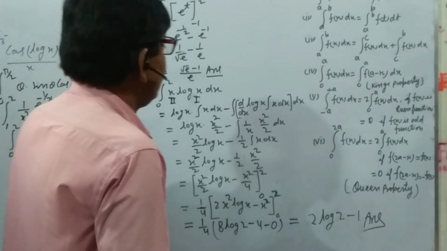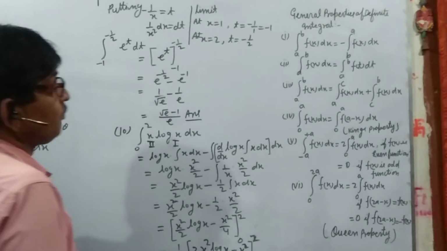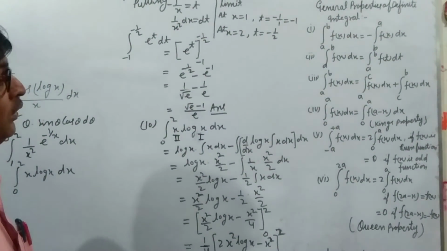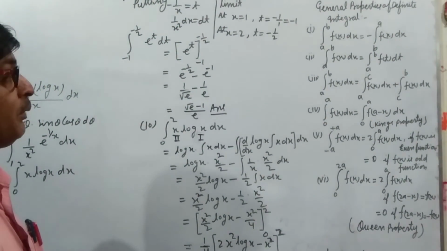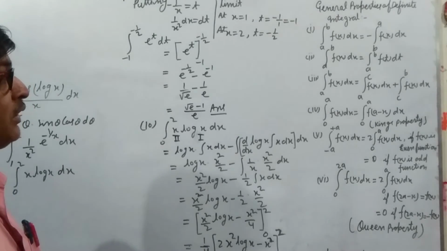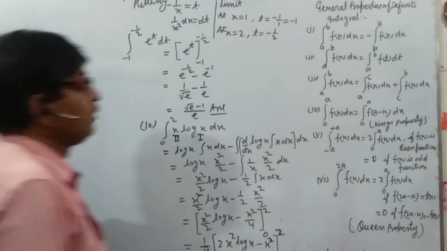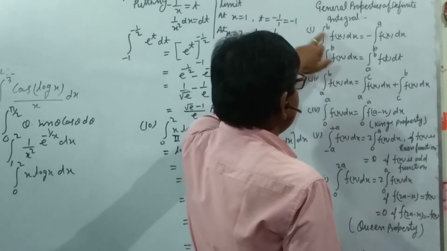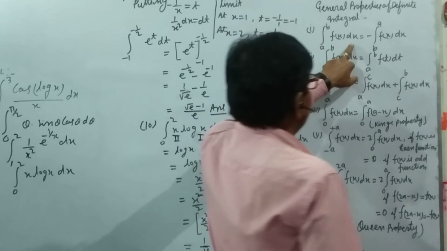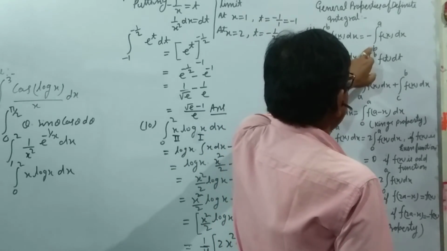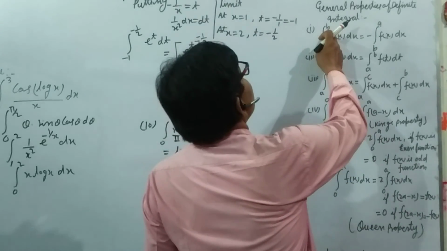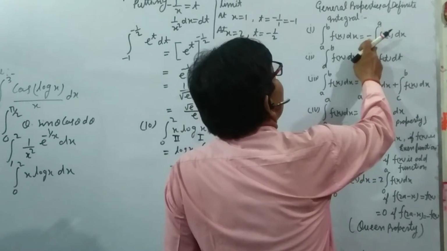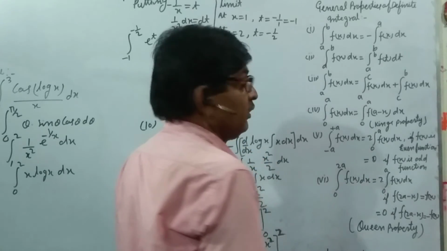Now we use the general properties of definite integration. Here integration of a to b of f x dx is equal to minus b to a. If we change the lower limit and upper limit, then here comes one negative sign.